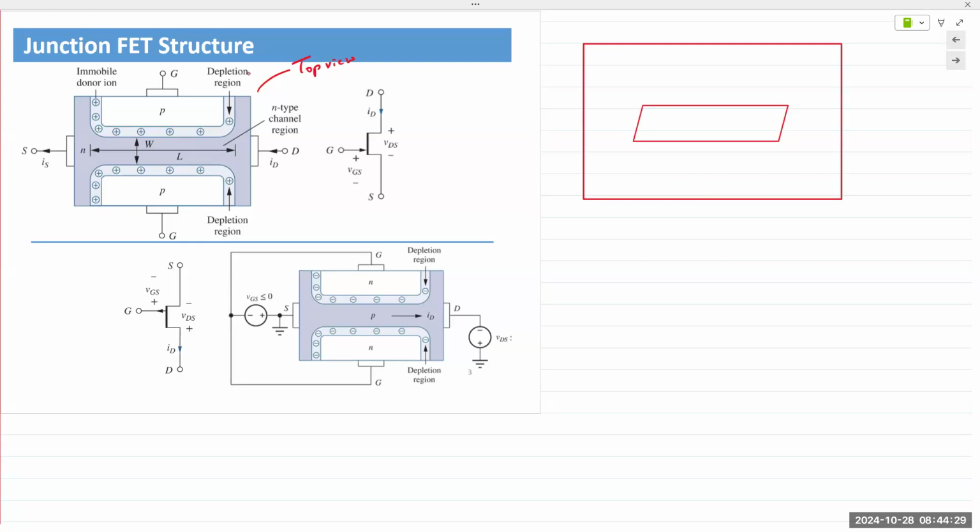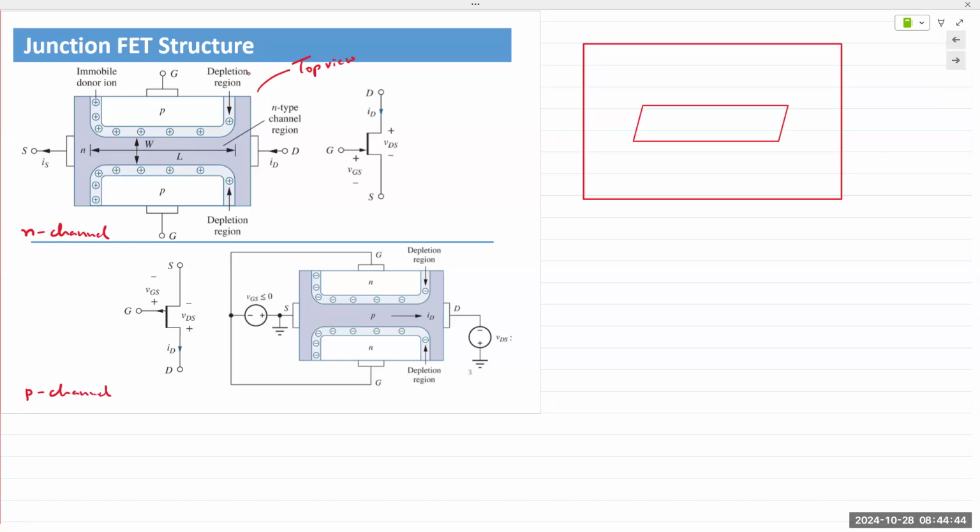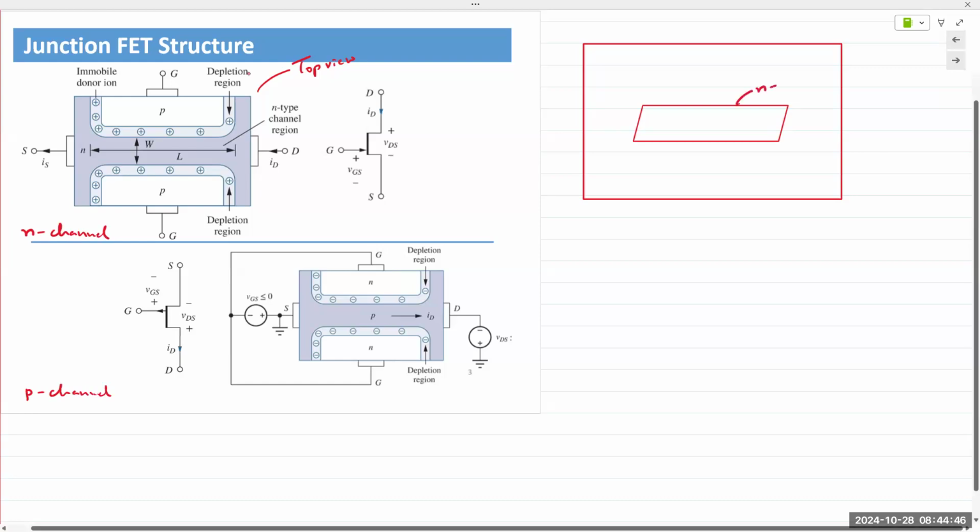So here, this is an N-channel JFET, and this one is a P-channel JFET. The N-channel and P-channel naming comes from the fact that we're using N-type material to create our structure.